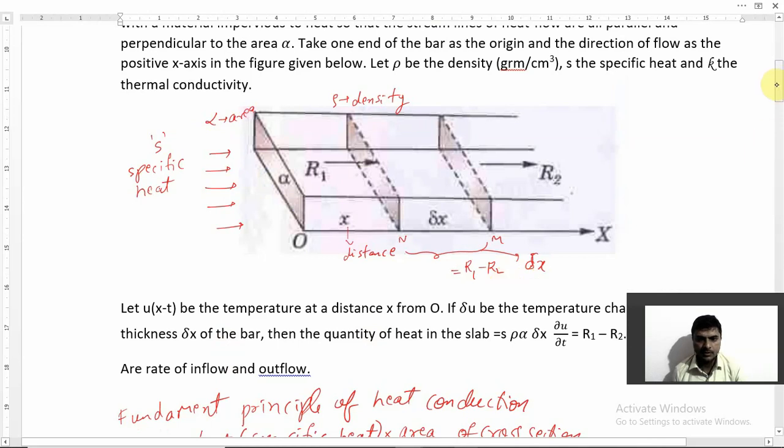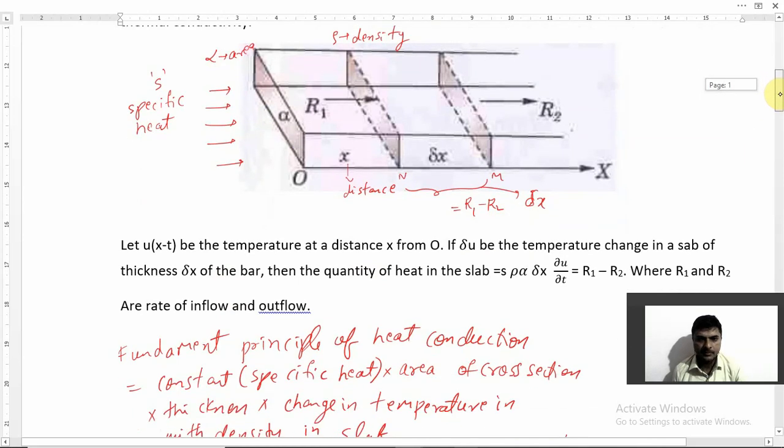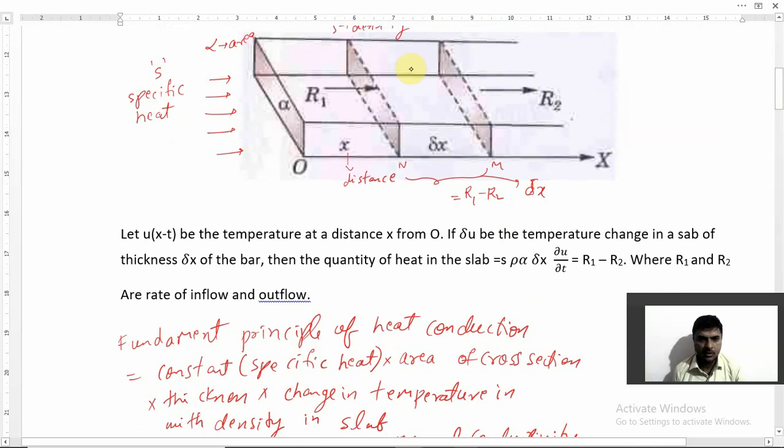And what else is going to affect this rod slab? Yes, density. So S is specific heat, rho is density, alpha is cross section area, delta x is the distance, and dou u upon dou t is the change in the temperature.